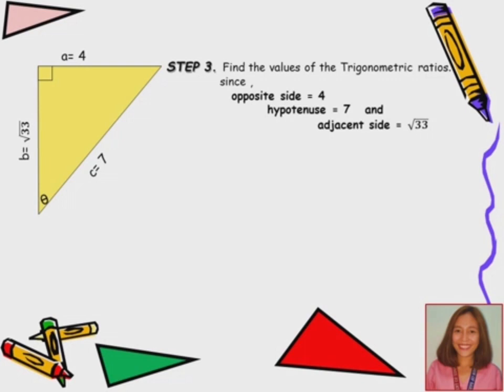Since na-solve na natin kanina yung side ABC natin, wherein your A is your opposite side. Tandaan, your A is your opposite side, and your B is your adjacent side, and your C is your hypotenuse. So, therefore, opposite is 4, hypotenuse is 7, and adjacent is square root of 33.